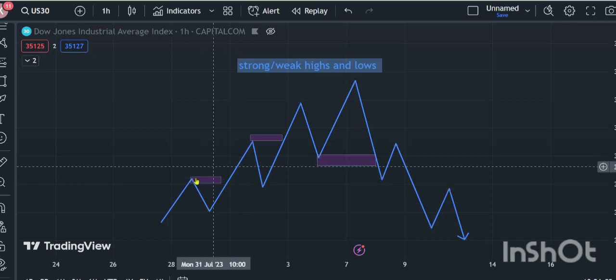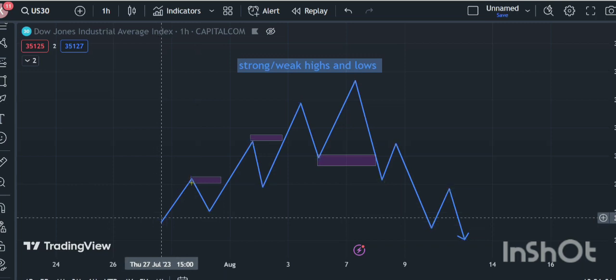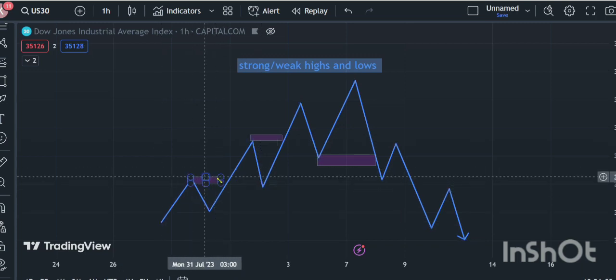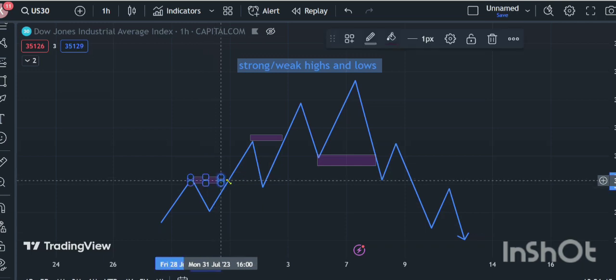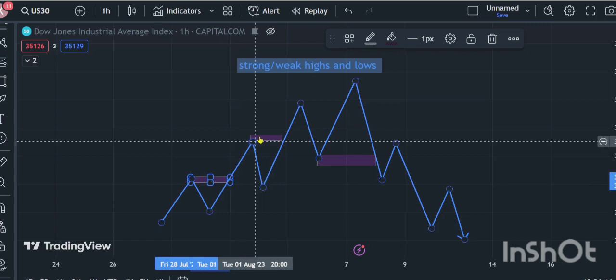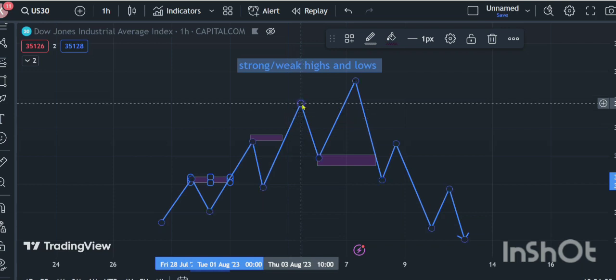So as you can see, like we said, market trades from a low to a high, then back to a low, then to a high. So you will notice that this high here has been broken, and as it gets broken, another high forms above it, and another high forms above this high. So we have this high that forms there.